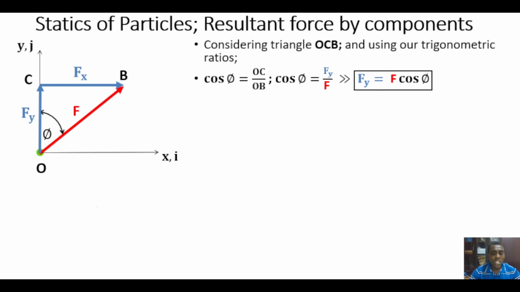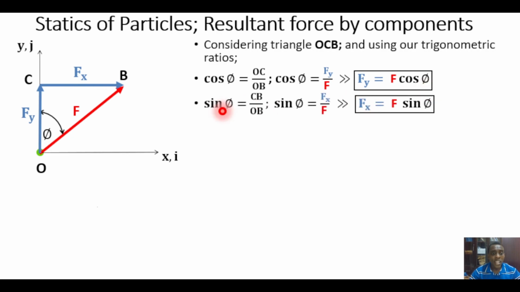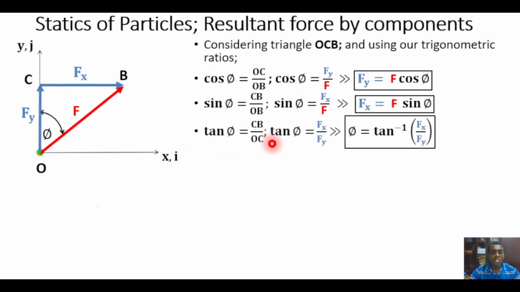Alright, now let's continue. Similarly, sin phi is going to be CB on OB, which is opposite on hypotenuse, and so I get sin phi to be Fx on F, and so Fx is now F sin phi, you see. Now tan phi is going to be CB all over OC, which is opposite on adjacent.